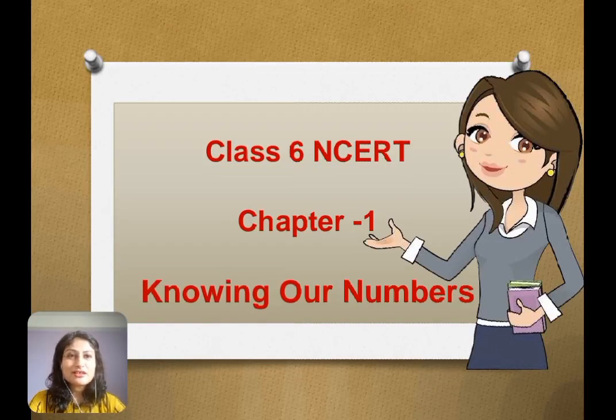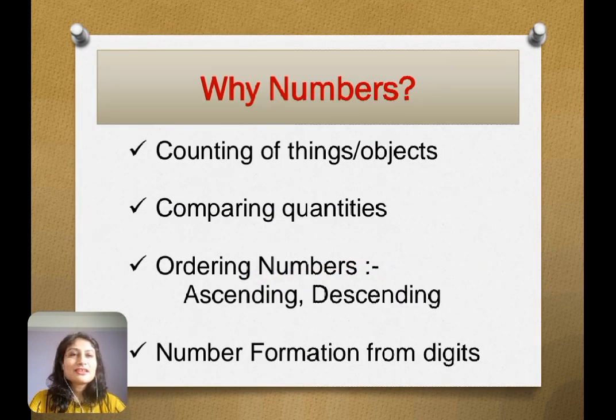Today we will learn about class 6 NCERT chapter 1 knowing our numbers. Here some of the topics are given which are related to numbers. Counting of things or objects, comparing quantities, ordering numbers, ascending or descending, number formation from digits.